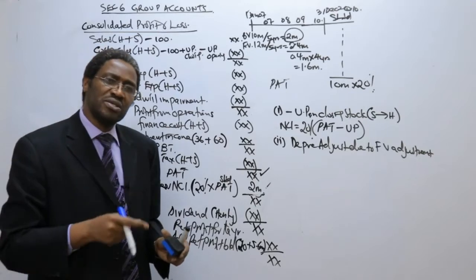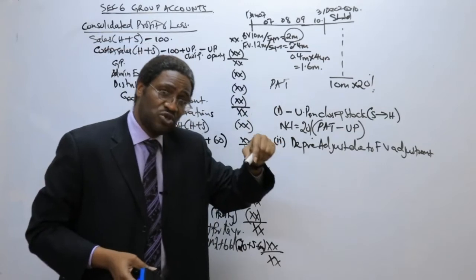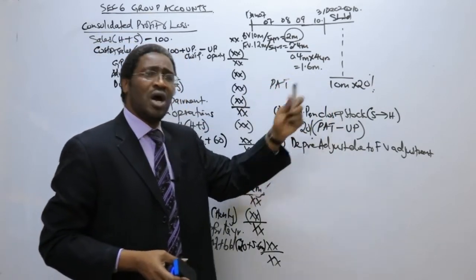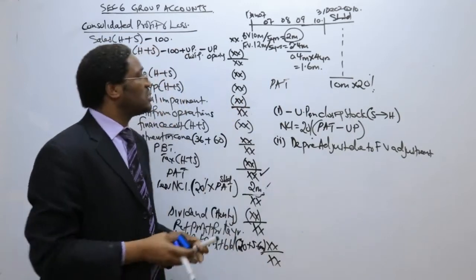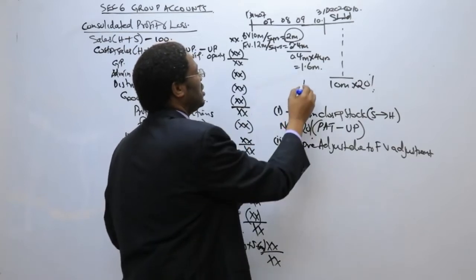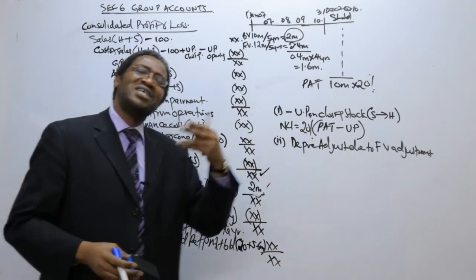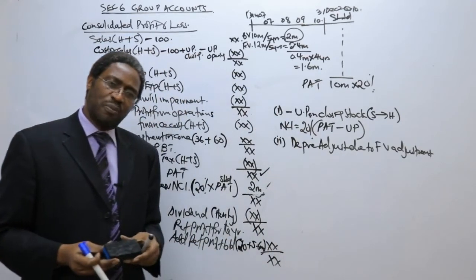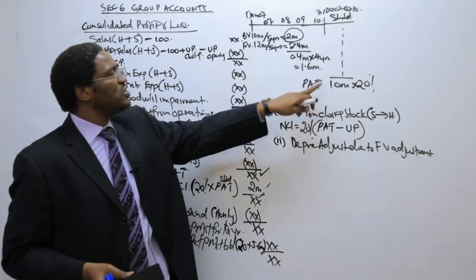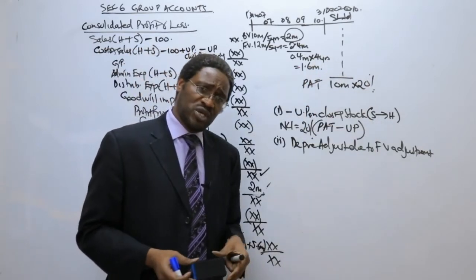So it means whatever profit the subsidiary company is giving you for the current year, don't forget we are doing an income statement, whatever profit the subsidiary is giving you as their profit after tax, that profit after tax is not pure. Why? Because your subsidiary company has been under providing depreciation. So this profit is not pure. So there is no way you can just take 20% of it.